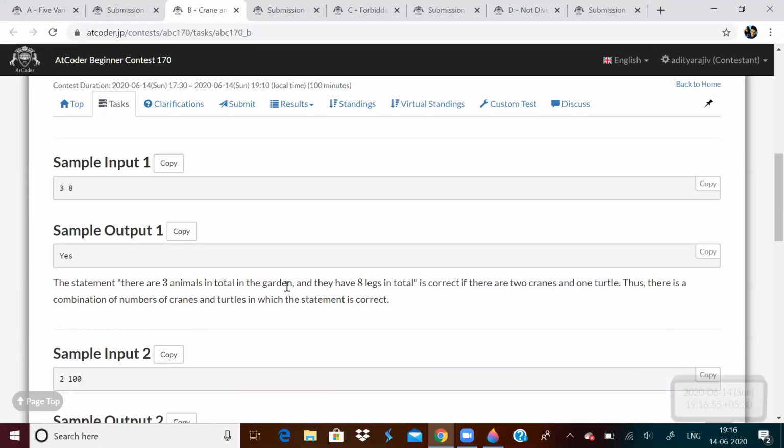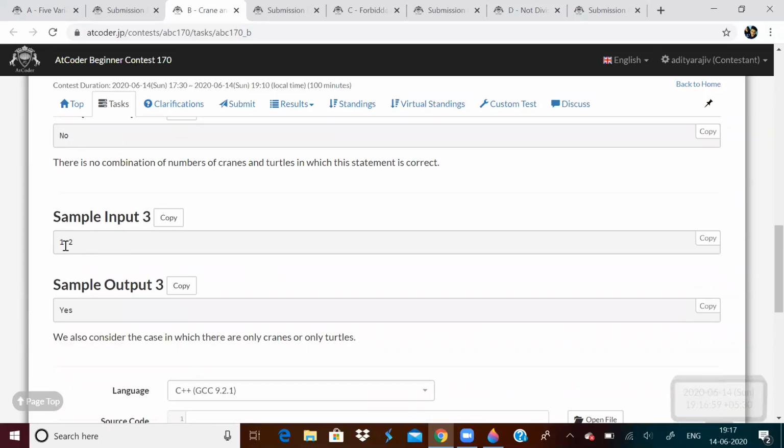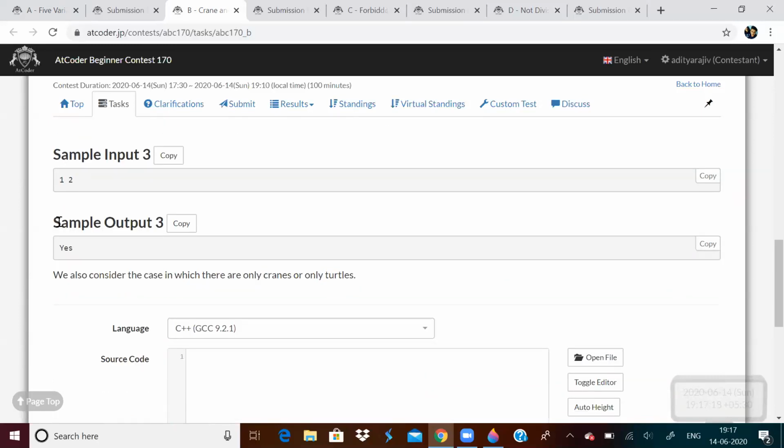That is what has been explained here also. And similarly, in this one, there is only one animal but 2 legs. So it is possible that the number of turtles can be 0, or the number of cranes also can be 0. So for example, if it was 1 and 4, then also it's a valid combination because there can be 1 turtle because 1 turtle has 4 legs.